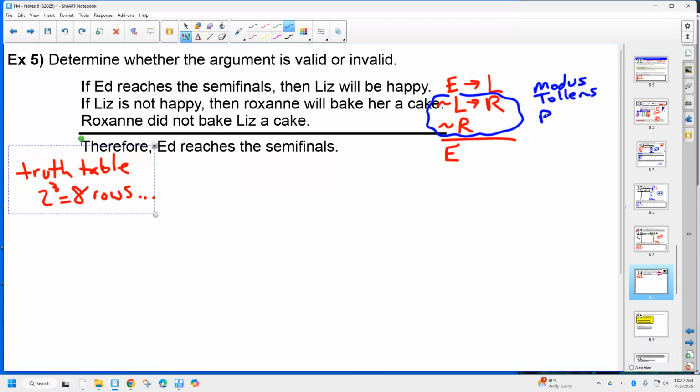Remember Modus Tollens, if you go back and look, it said if P then Q, not Q, therefore not P. All right. So it's a little bit hard to see because when I gave you the definition, it was P's and Q's. Now it's L's and R's, but that says the same thing. I switched the negations around a little bit, but that's what that says.